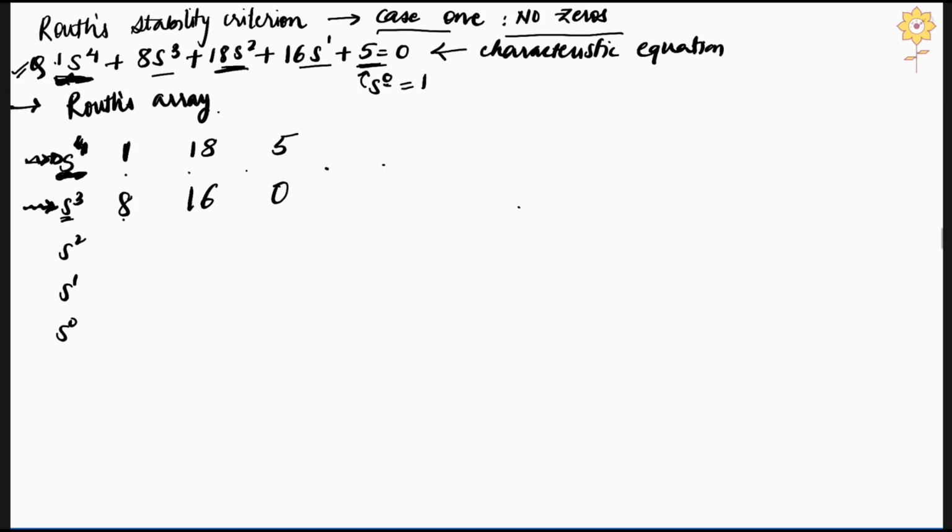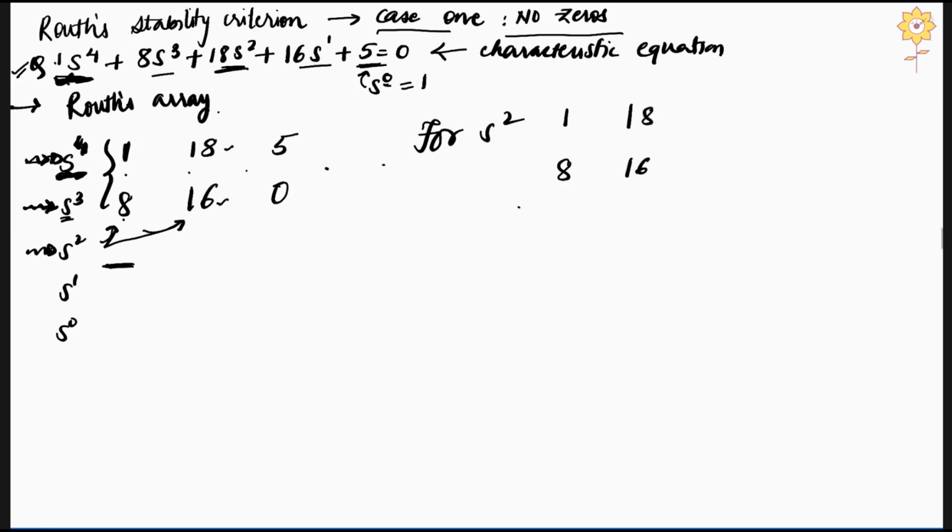Now we have to fill the array. To fill the array we will have to do some calculations. For the s raised to 2 row, we will be looking at the preceding 2 rows. The immediate 2 values that are above are 1 and 8 that we will write, and we will be using the next 2 values, that is 18 and 16, to find the value over here.